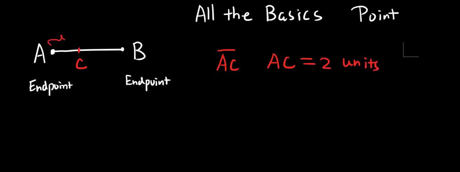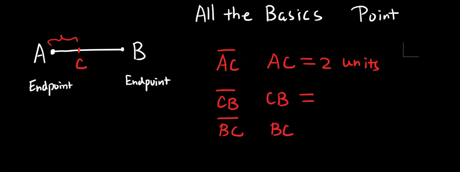So this portion has 2 units distance or length. I'm going to say segment CB or segment BC has a distance, which is CB, distance is BC, is, let's say, 3 units.